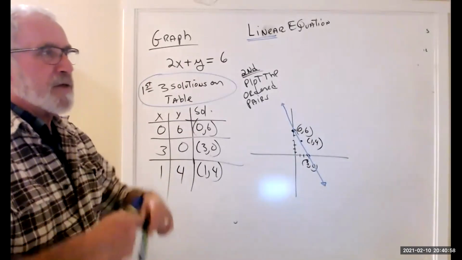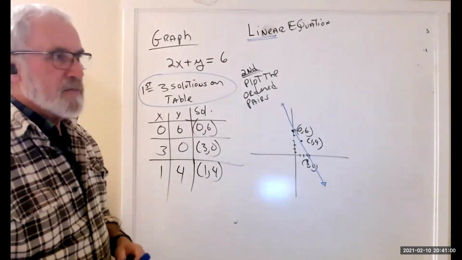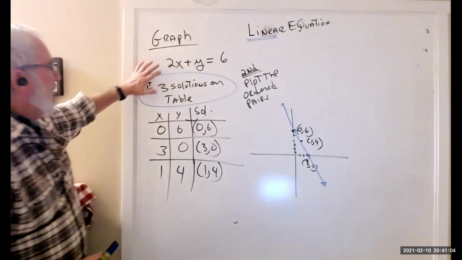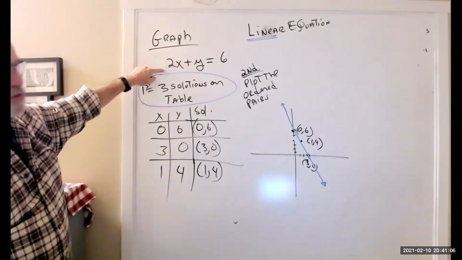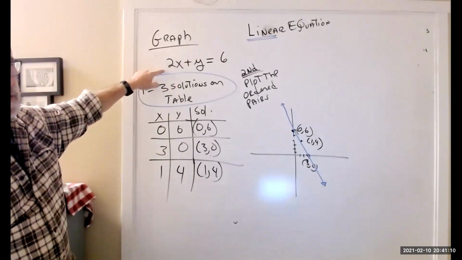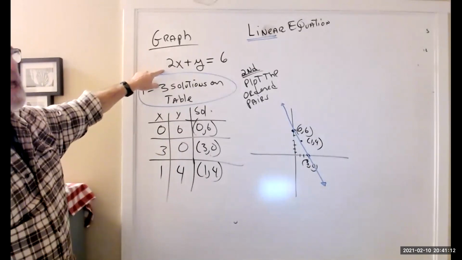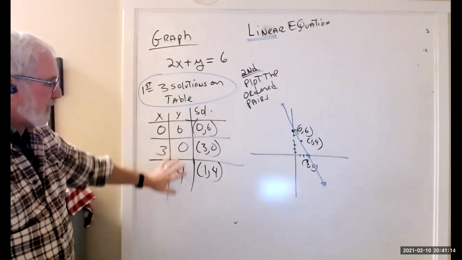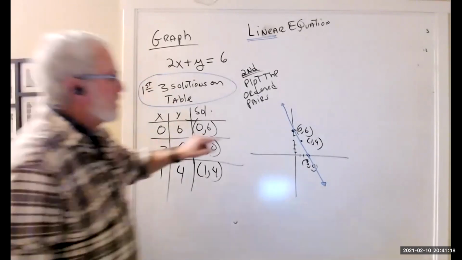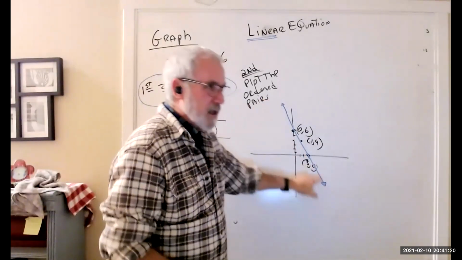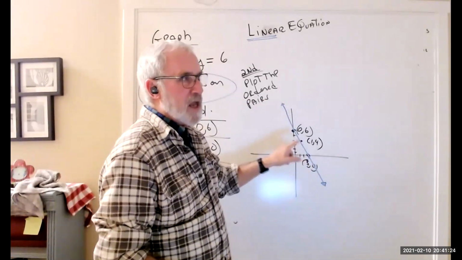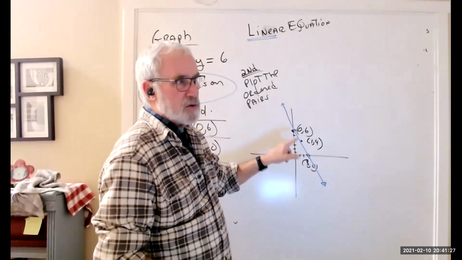Again, some math philosophy, some math theory. How many solutions does a linear equation have? Infinite. We have only found 3 of them. The line is a visual representation of the infinite answers.